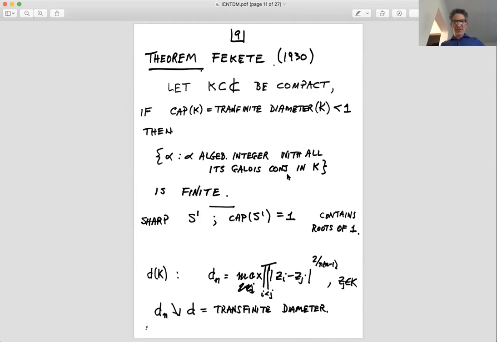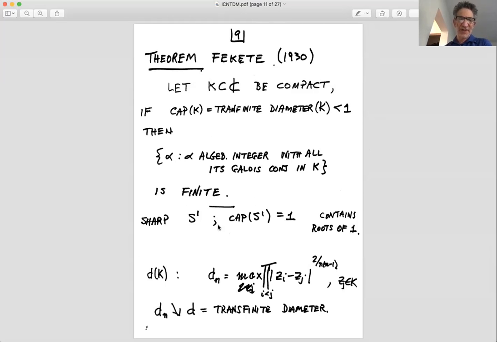So you ask, can I arrange there to be more and more algebraic integers and all their Galois conjugates lying in this compact set? And the theorem is that if the transfinite diameter of K is less than 1, then there are only finitely many such algebraic integers. Quite a beautiful theorem. Pólya and Szegő extended it.